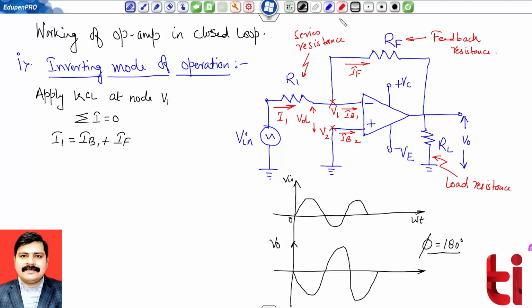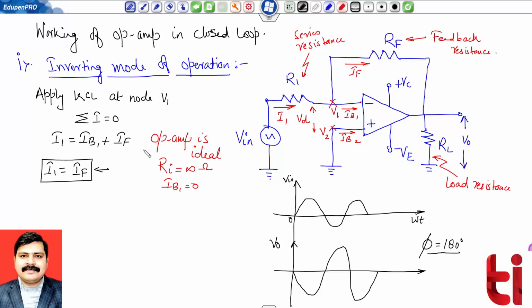If I am assuming my op amp is ideal, input resistance Ri will be infinite ohm. Due to this, the value of IB1 will be equal to 0. So I have the equation I1 equals IF, and this is for the ideal operational amplifier case.